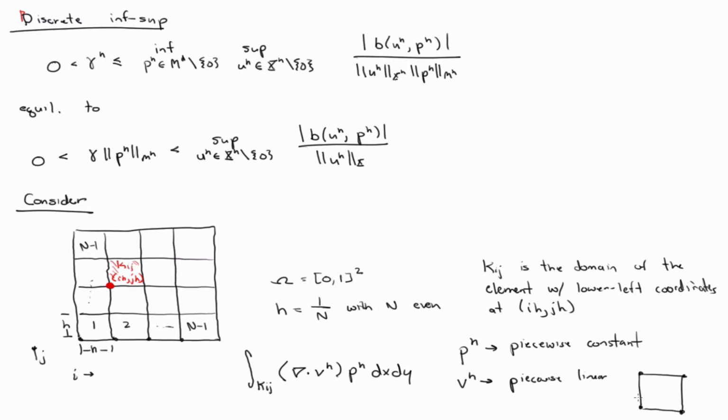Piecewise constant would just be a finite volume, essentially, right? So we'll have V1, V2, V3, V4, and then P1. So for every element, we'll solve for 4 unknown velocities and 1 unknown pressure over the entire volume. Okay?